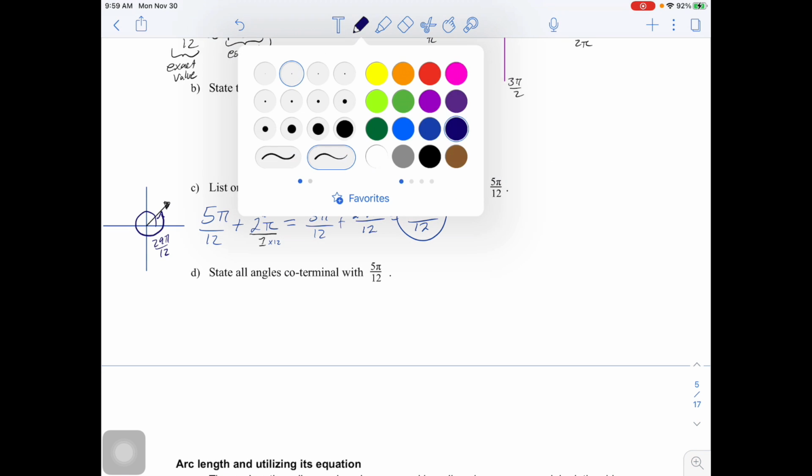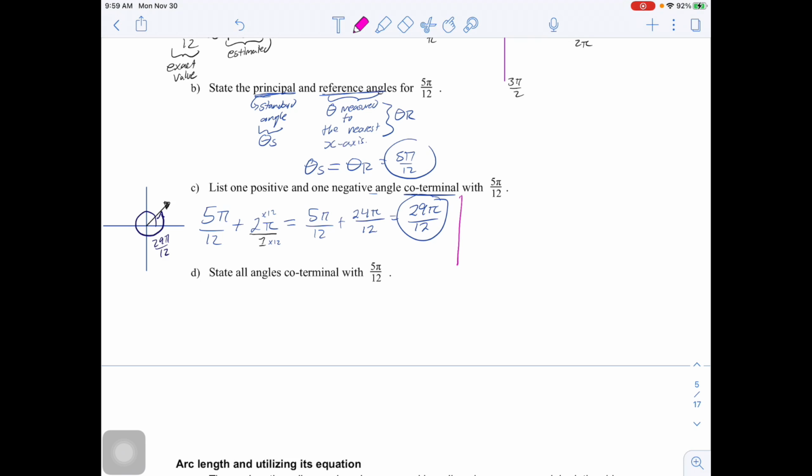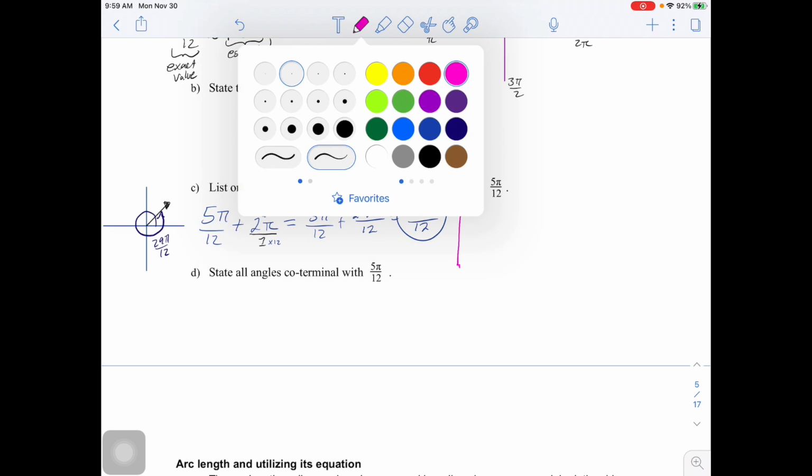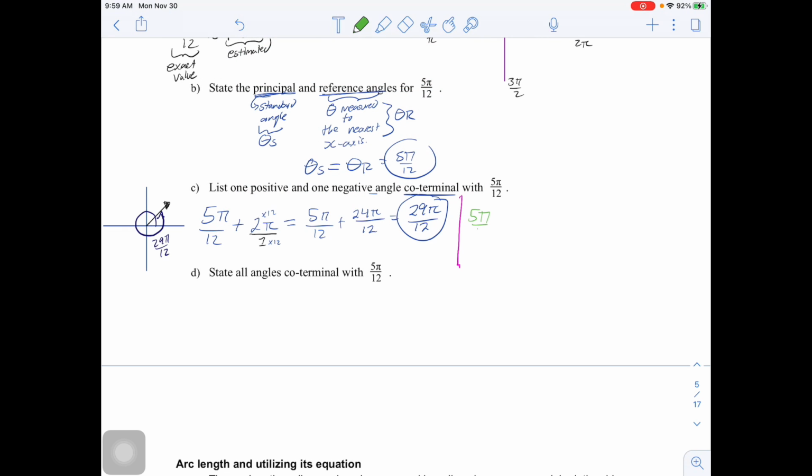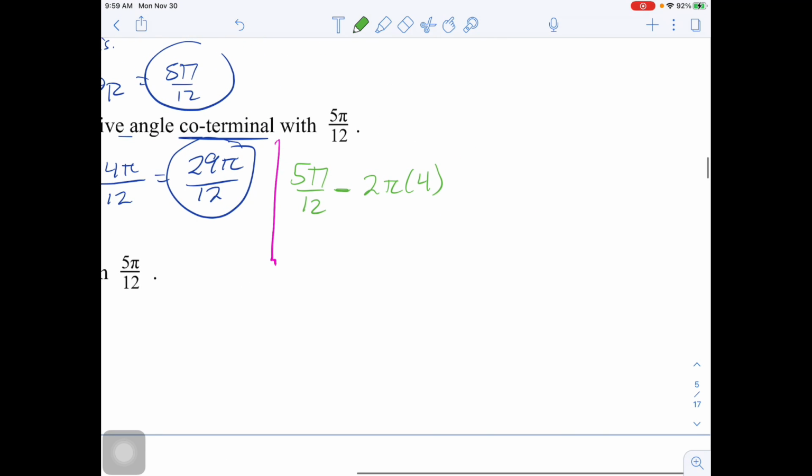Okay. Let's find a coterminal arm that's negative, and let's go 2 rotations clockwise. Okay, so I'm going to take 5 pi over 12 and I'm going to subtract 2 pi times 2. A little excessive there. So this will be 2 full rotations clockwise.